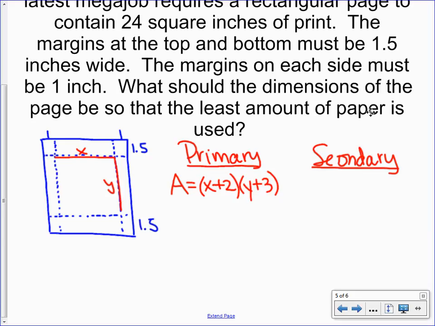And we are looking for a minimum. Now, we know that there's 24 square inches of print, so we're going to use that for our secondary equation. It's going to help us. So what does that mean if we have 24 square inches of print?